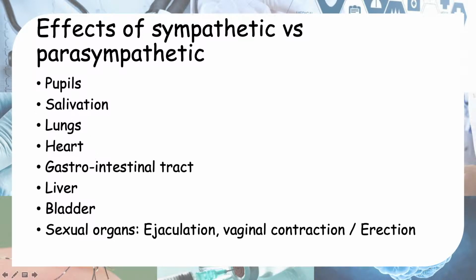Right, what happens to your heart? It is quite easy. So what happens to your heart when you feel nervous or scared that you're gonna die soon? So your heart is obviously going to beat faster. So that's the effect of your sympathetic, increases your heart rate, and for parasympathetic, you will reduce your heart rate. How about the gastrointestinal tract?